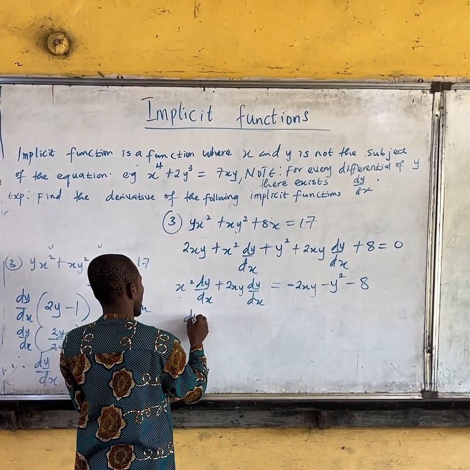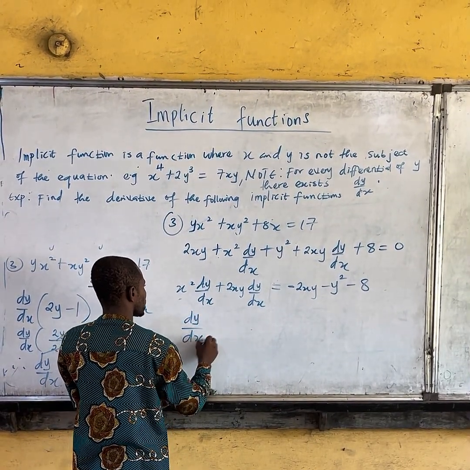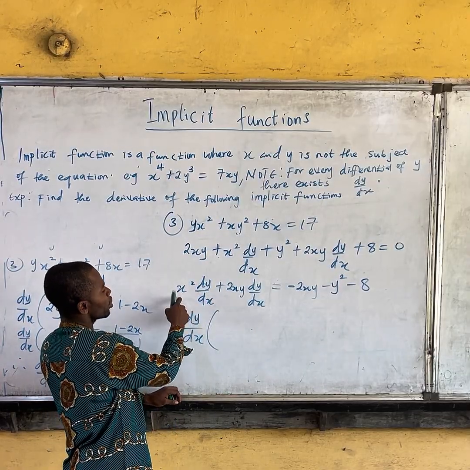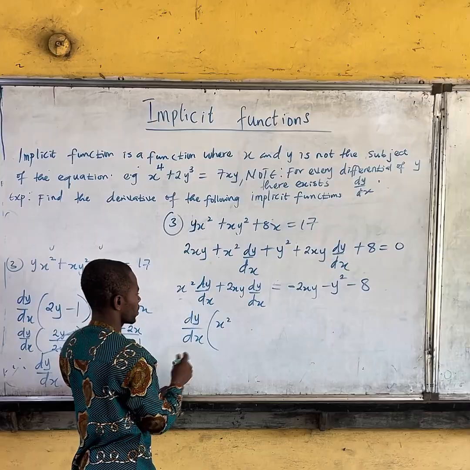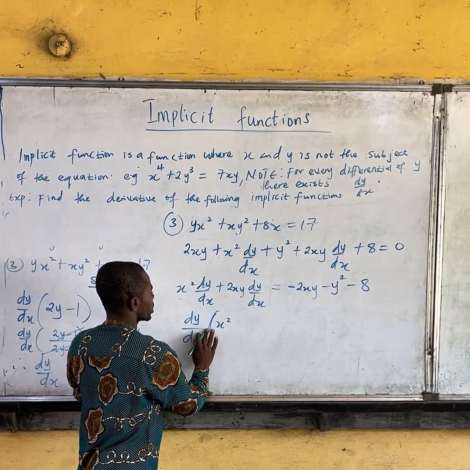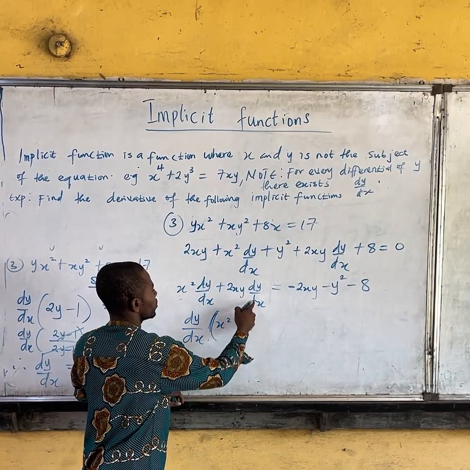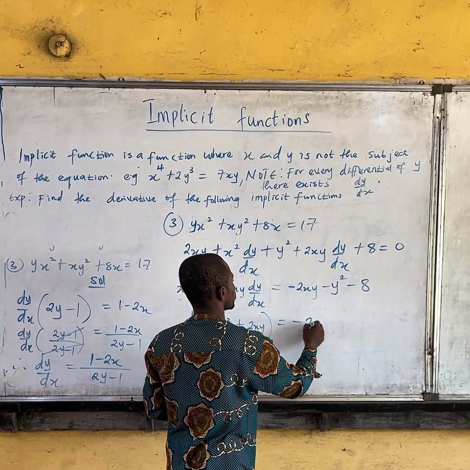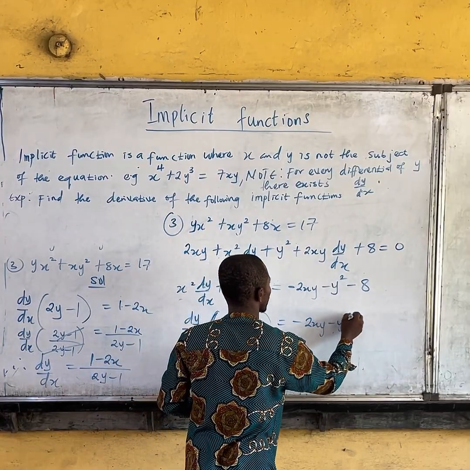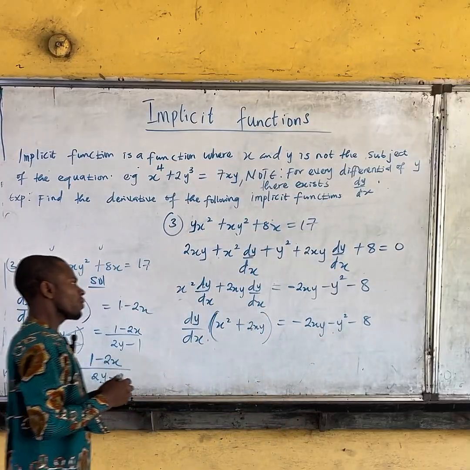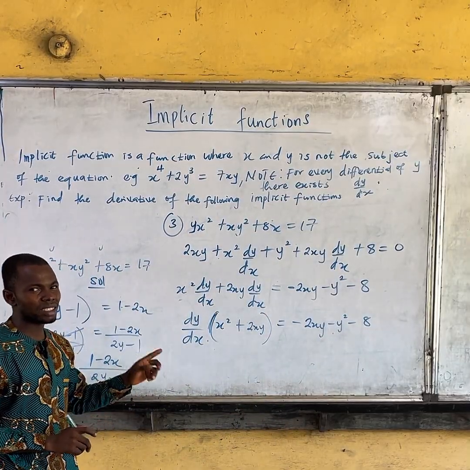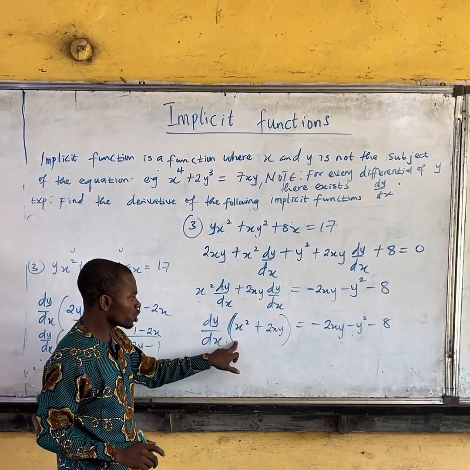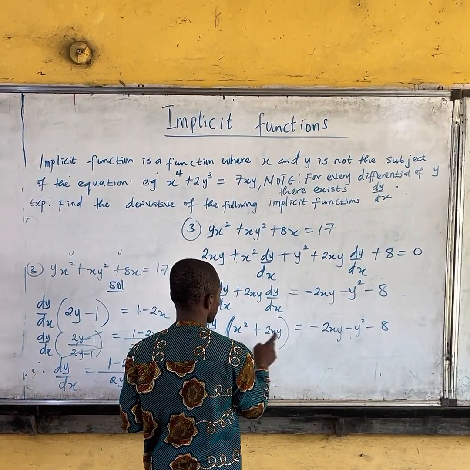It will now be dy over dx, bracket. Now, if I remove the dy/dx from here, what will remain? x squared, plus what of this one? 2xy. I factorize. Close it. Equal to minus 2xy minus y squared minus 8. From here now, I'm working toward dy/dx, which means I will divide both sides by the coefficient of dy/dx, which is x squared plus 2xy.